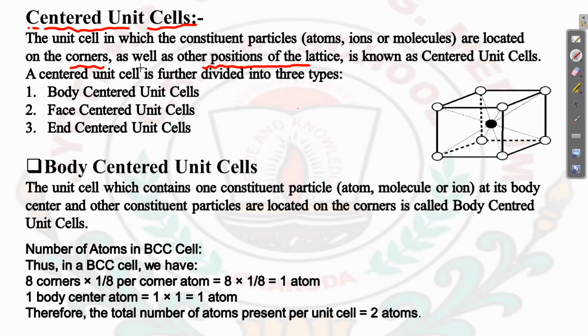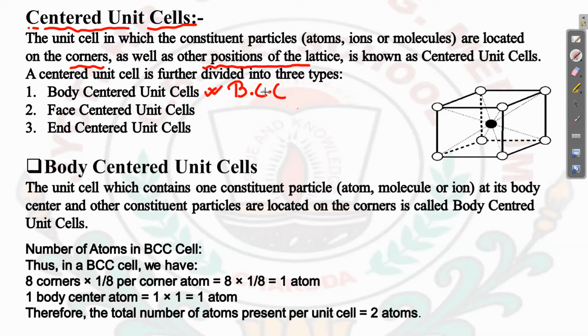So here there are total 3 types of centered unit cells. First is the body centered unit cell, abbreviated as BCC.